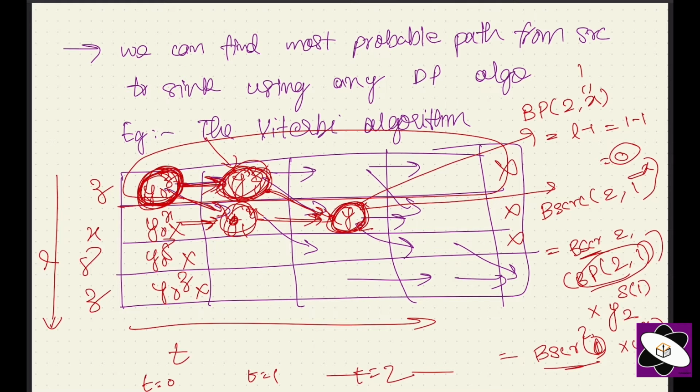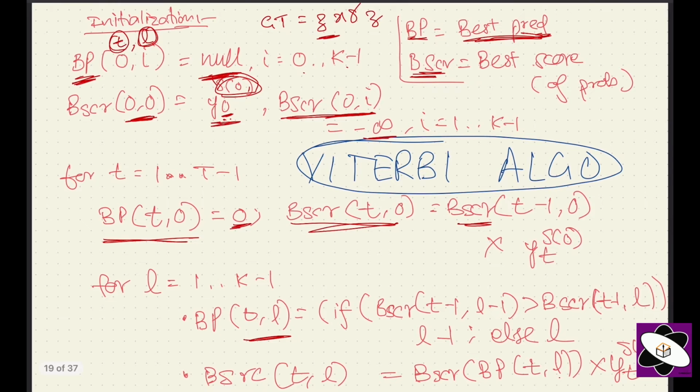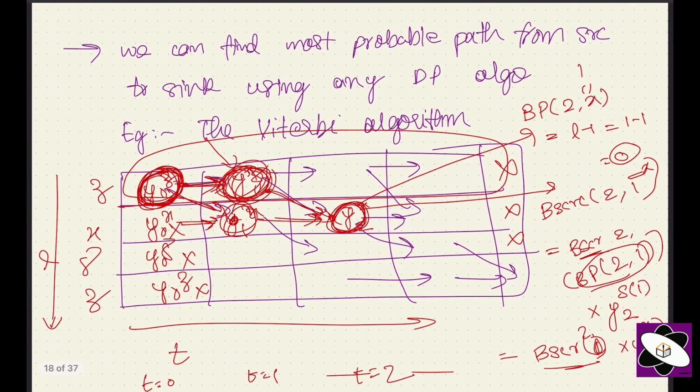So here as you can see, b score of bp of t comma l is nothing but bp of t comma l is this one, right? Whatever probability we have found over here, the value of the probability which we got, that is multiplied by this, and now we are multiplying that with y2 of s of 1, that is nothing but this itself.